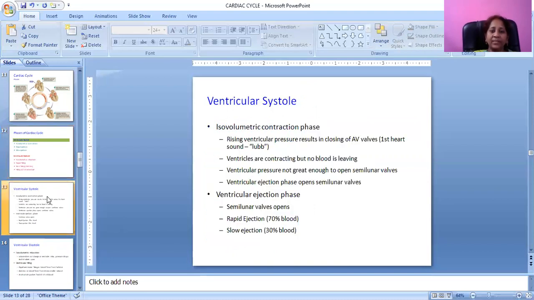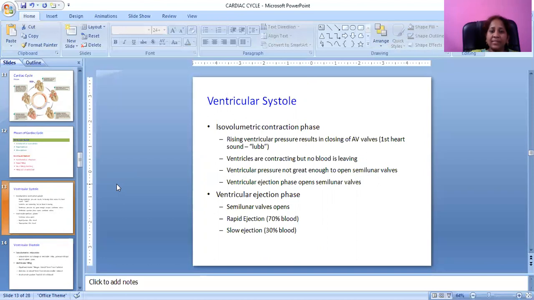In ventricular systole, when the pressure rises in the ventricles, the rising ventricular pressure results in closing of AV valves, that is the first heart sound, lub.